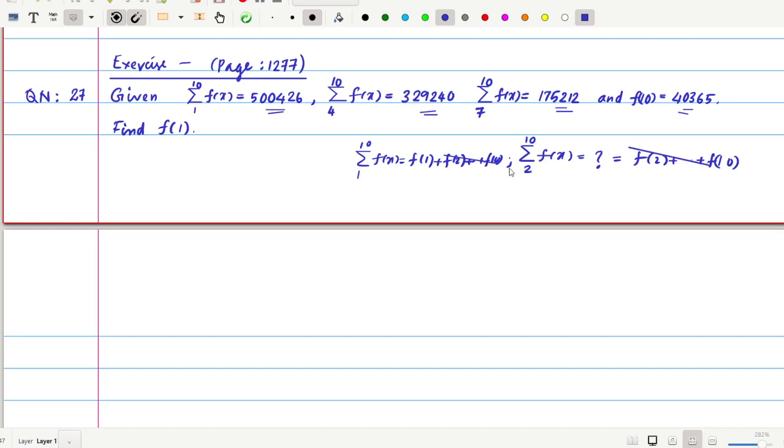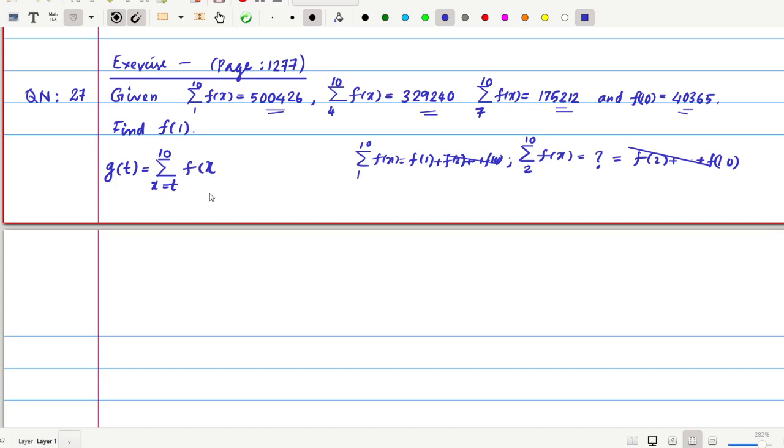First of all we need to use Lagrange's interpolation formula for the same. So we first define a new function g of t. This is defined as the summation x equal to t to 10 of f of x.